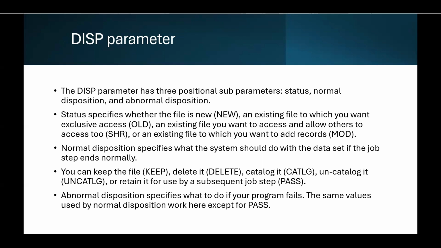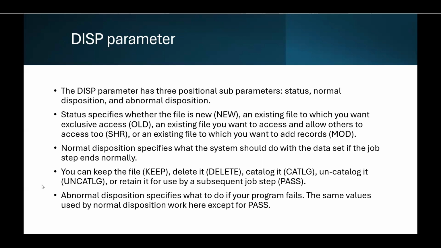Okay, so your job step completed successfully, and you want to keep that file, keep it. You want to delete that file, delete it. You want to catalog it, write this keyword. You want to uncatalog it, write the uncatalog keyword. And there is also one option: if you retain that file for use by a subsequent job step, then you need to provide the option PASS.